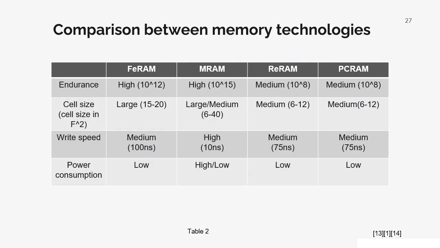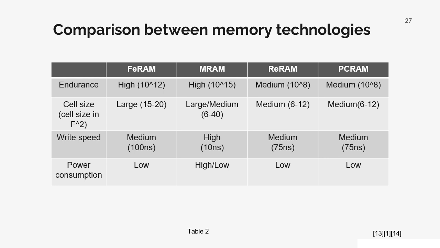Let's see the comparison between the different memory technologies. These are the factors, and the first one is endurance. High endurance is available in FRAM and in MRAM.